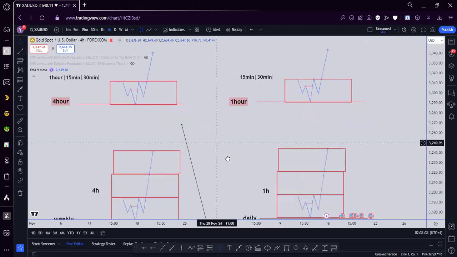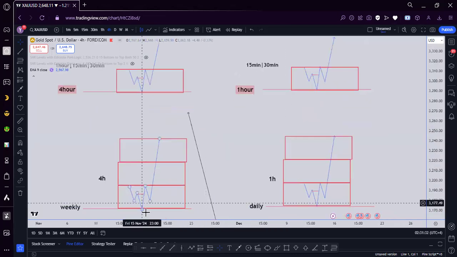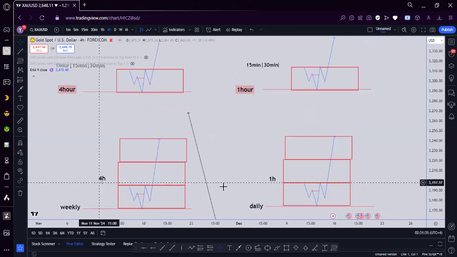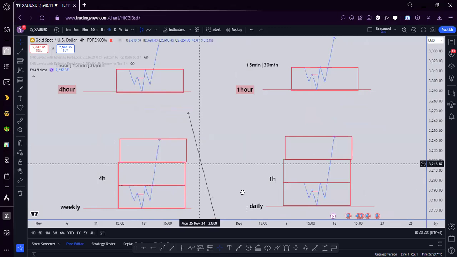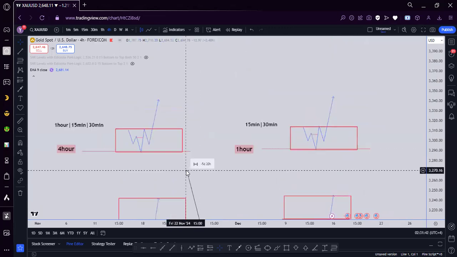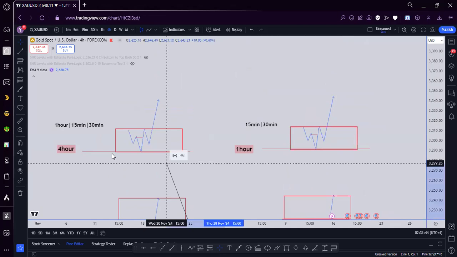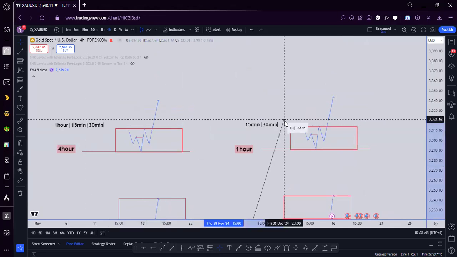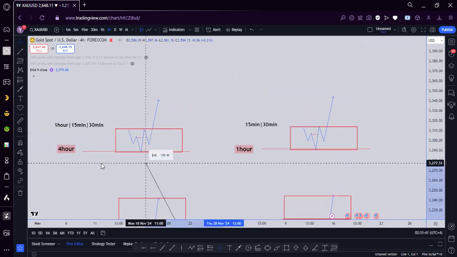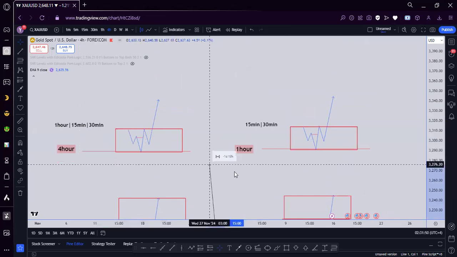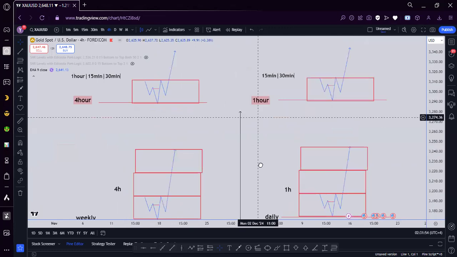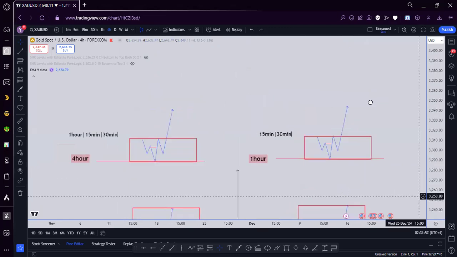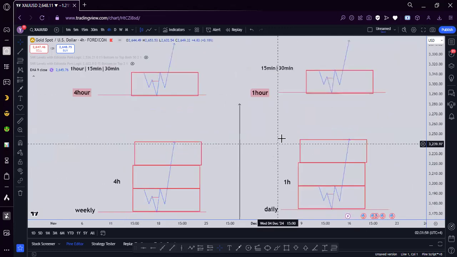Very, very simple. The levels on the 4-hour KM or the 1-hour KM that started the weekly and the daily storylines, the same levels we will find on the KMs that started the 4-hour mini classic storyline and the 1-hour mini classic storyline. I hope you are with me so far. So let me repeat another thing.